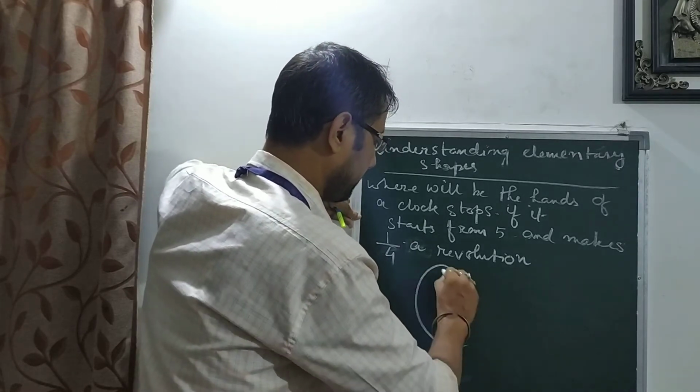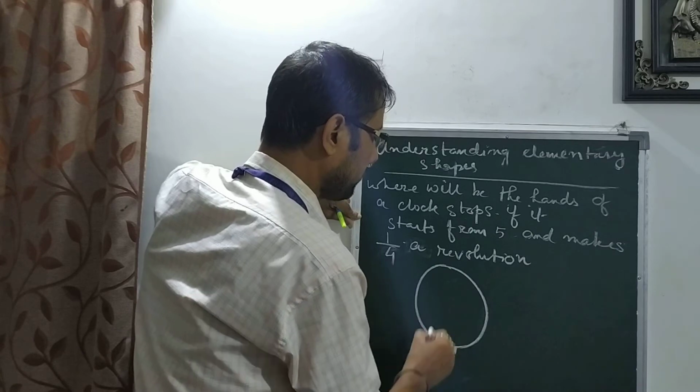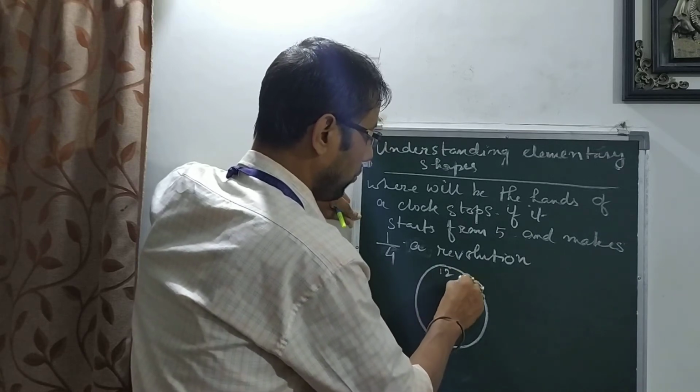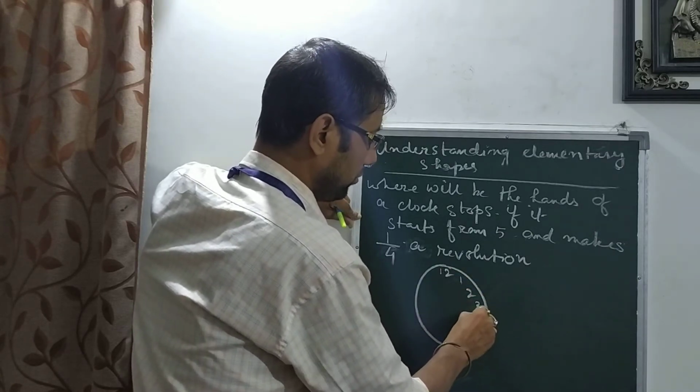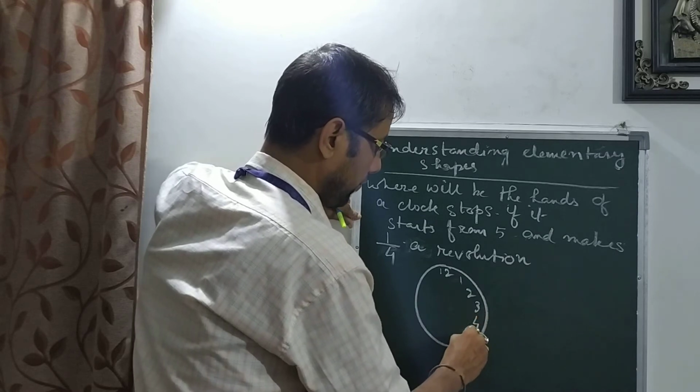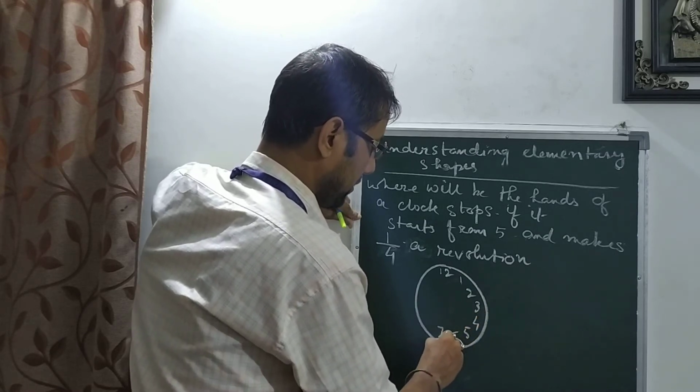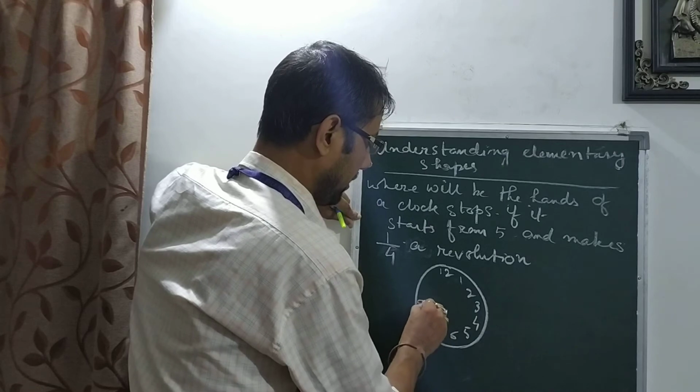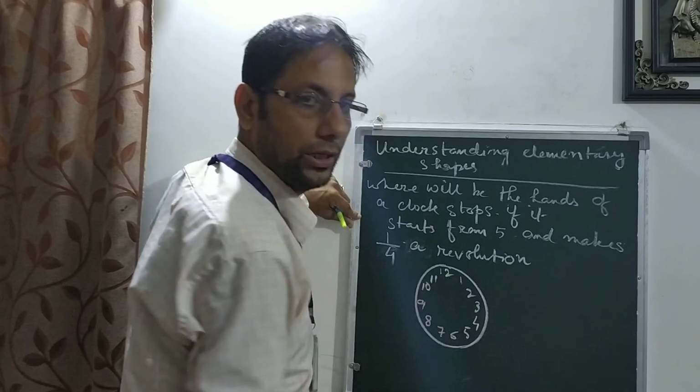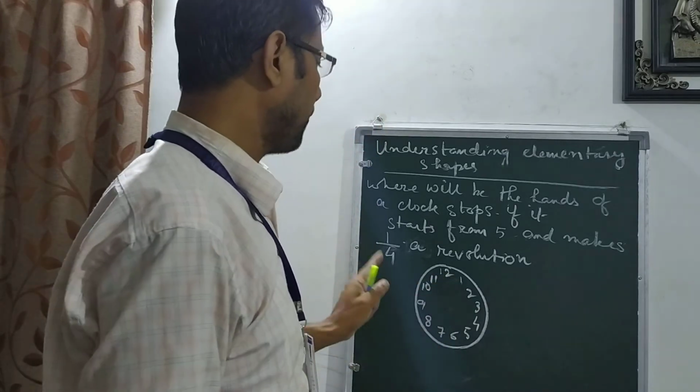Suppose this is the clock. 12, 1, 2, 3, 4, 5, 6, 7, 8, 9, 10, 11, 12. So 12 parts are there.